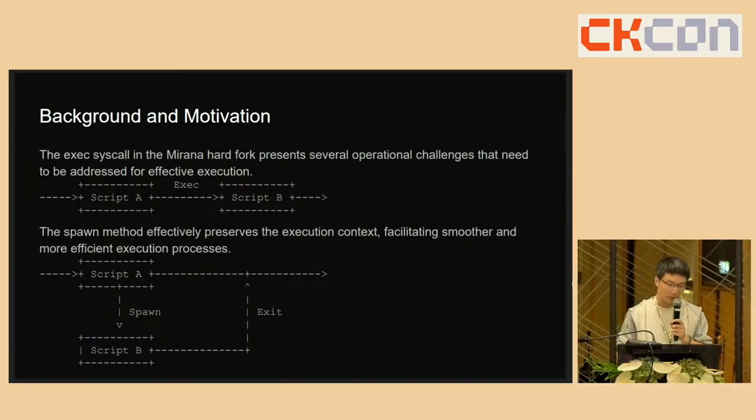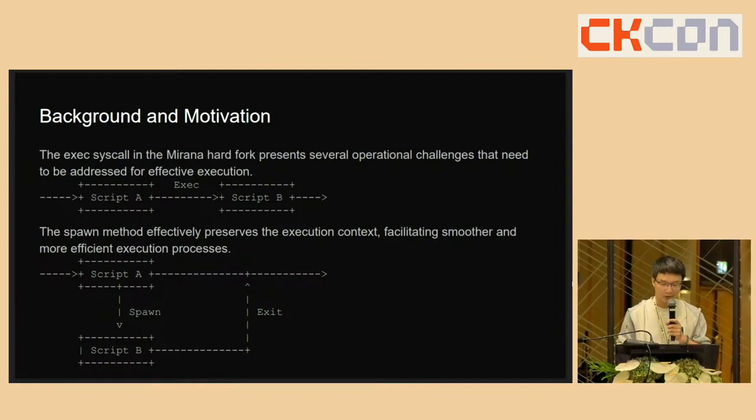In 2021, during the Mirana hard fork, we introduced the execute syscall in the CKB VM. Execute syscall allows loading and executing a new script within the current execution space. While this feature is powerful, it can sometimes be inefficient, particularly when the current execution space needs to be preserved.